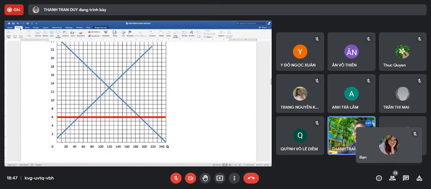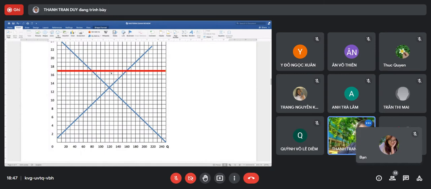So when the government sets a floor, a legal minimum price below equilibrium, it is a non-binding floor. So someone asks you, what is a non-binding floor? It means that when the government imposes a minimum legal price below the equilibrium, we call it non-binding. And when it's higher than the equilibrium, then it is binding.